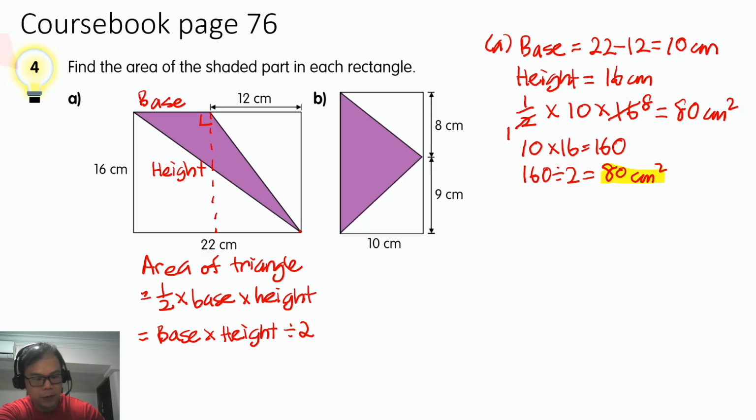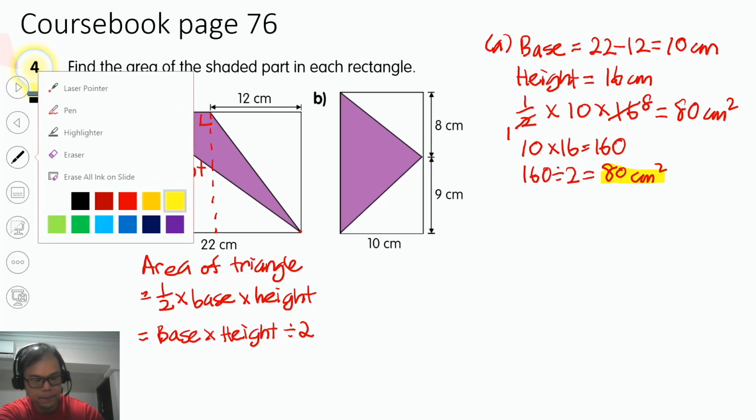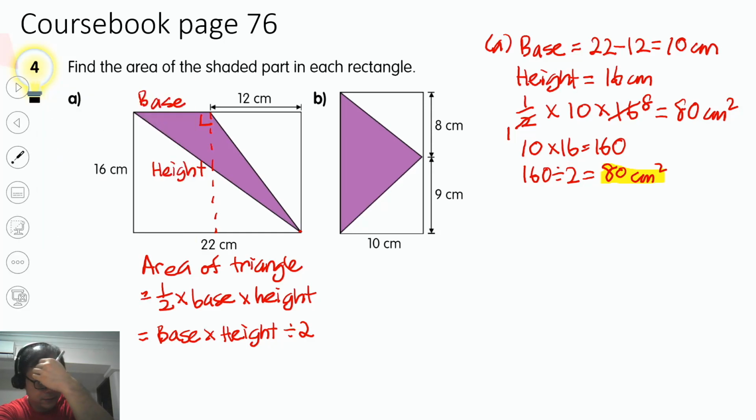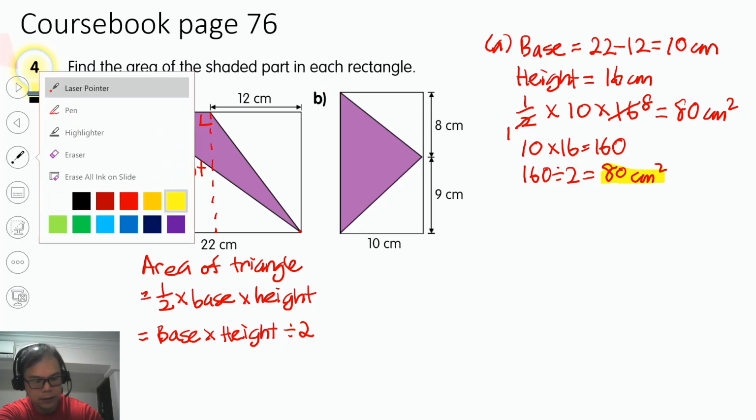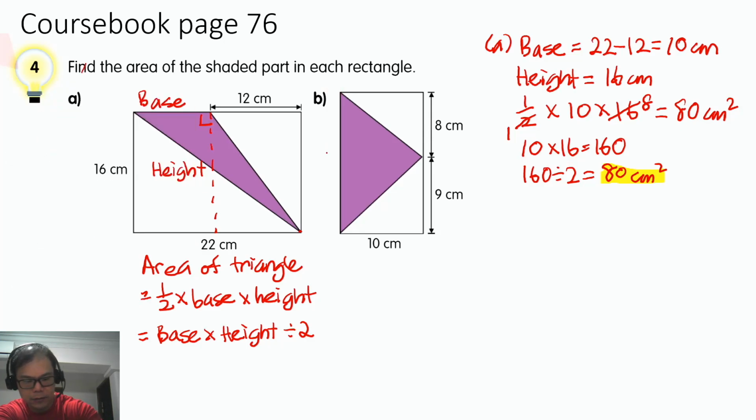Okay, so how about B? In this case, the triangle is here. I will pick this side as my base. So I will take this side of the triangle as my base. So where would be the height then? If I draw a perpendicular line from my base touching the third vertex, this will be my height.